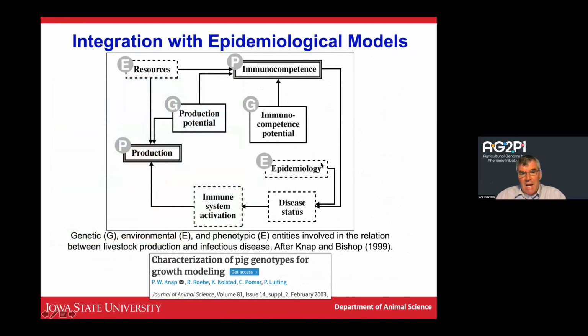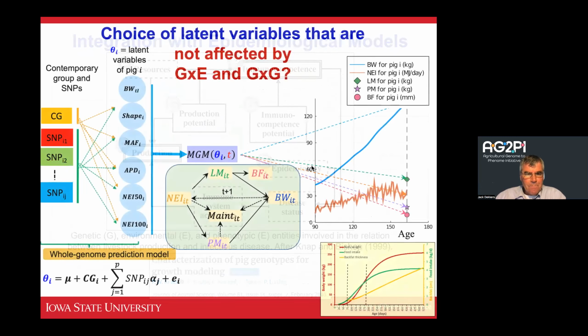If you have a contagious disease, you can't just limit yourself to modeling an individual animal. You have to model the herd and the environment, and how the pathogen is multiplying and spreading in that herd. So epidemiological models have to be integrated.